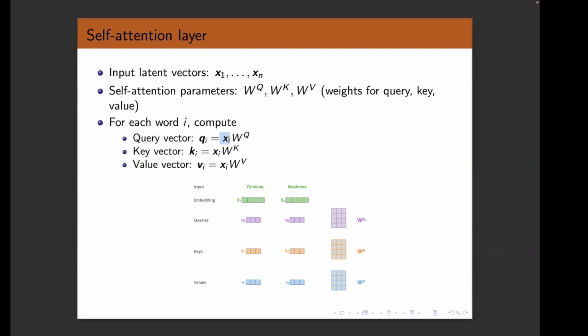Yeah. Okay. So you're saying that for self-attention, x_i is the same, right? But for example, when you're doing cross-attention, for example encoder-decoder cross-attention, then they will be different, right?